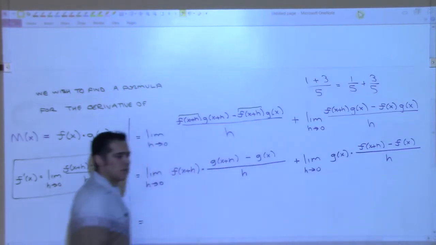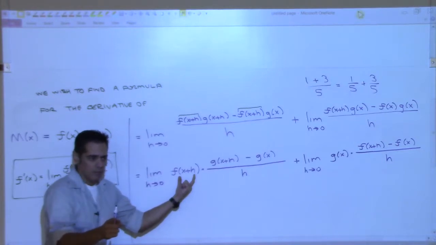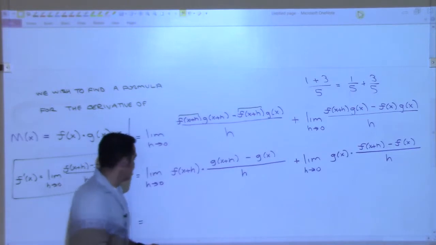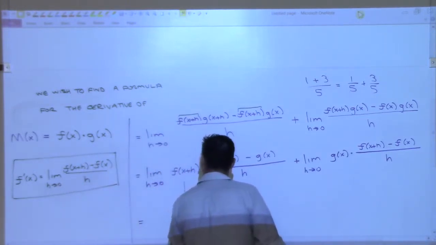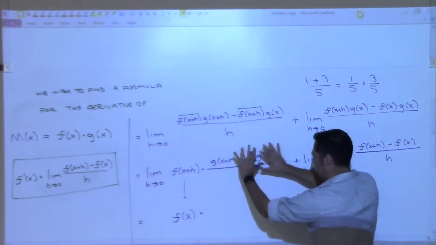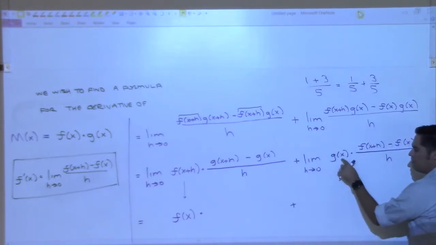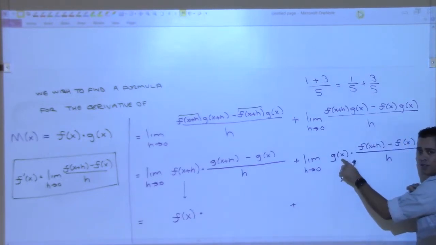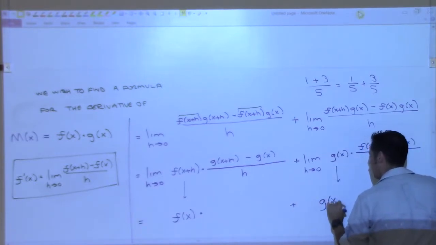Okay, if I let h go to 0, what does this become? Just f of x. Do you all agree? That just becomes f of x. So this goes to f of x times, now just put that on pause for a second, plus, now let's let h go to 0 here. This is g of x, right? There is no h in here. So that just goes to g of x, right?